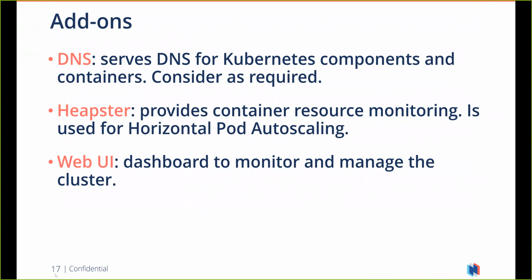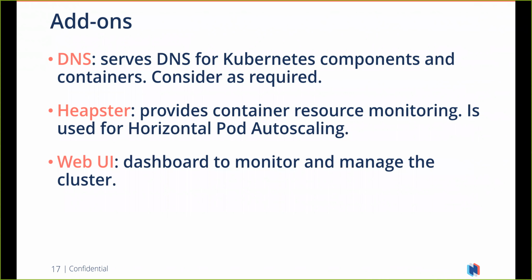Heapster is another very common add-on, and this is actually now exposed in 1.9 through the metrics API. It provides an engine for collecting basic resource statistics. It also has a way where you can push your own custom statistics, and then you can consume these stats through the metrics API for monitoring and management.